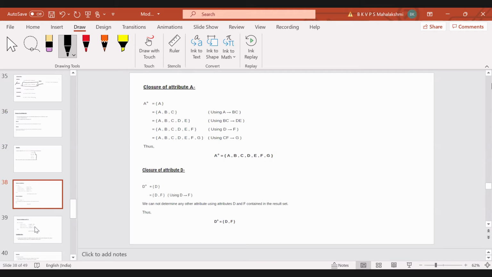So first of all, find out the A closure. A closure determines which attributes, that we are going to find out.